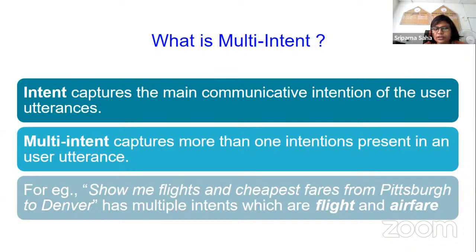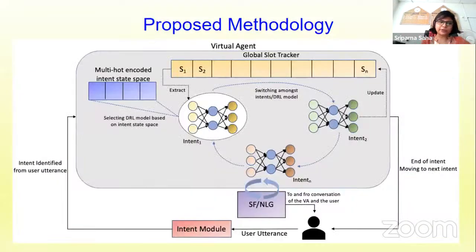Both the intents have to be served, so we have to develop a deep hierarchical RL framework which can solve both the intents. This is our proposed methodology. There is an intent state space, which tries to identify which intents are present. It is a binary vector, and the length of this vector is equal to the number of intents present in the data set.